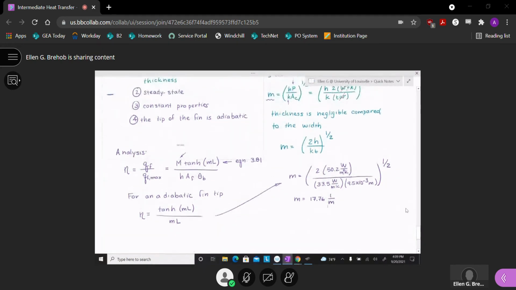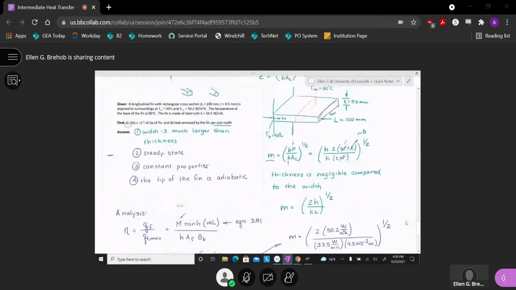And L is going to be, we do have a picture of the fin, but L is going to be this distance. Ooh, okay, there we have it. 100 millimeters.